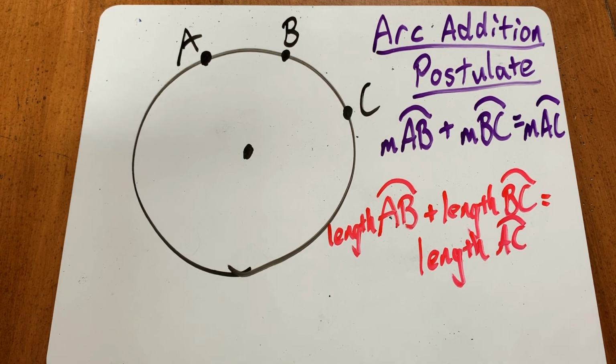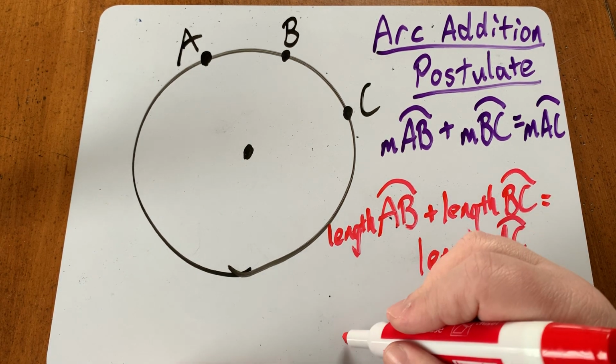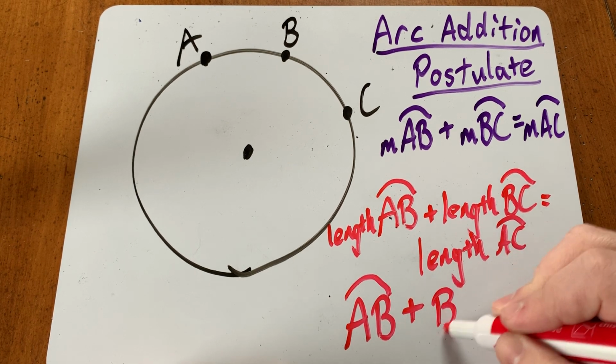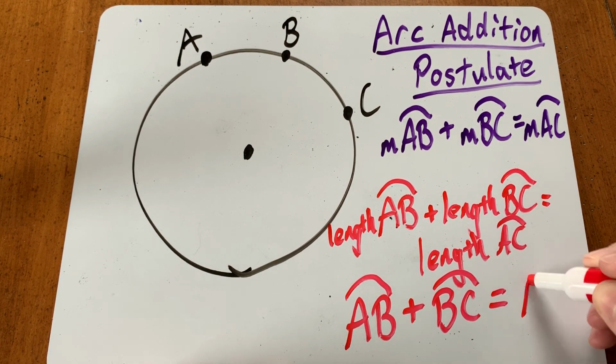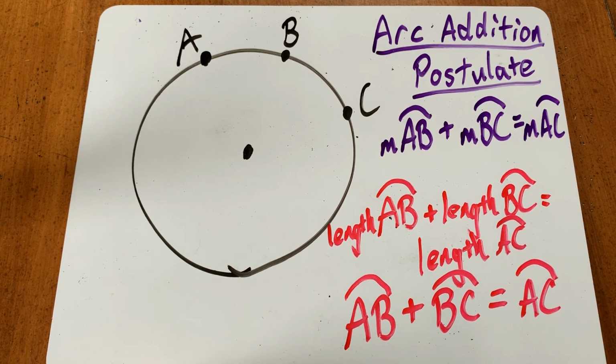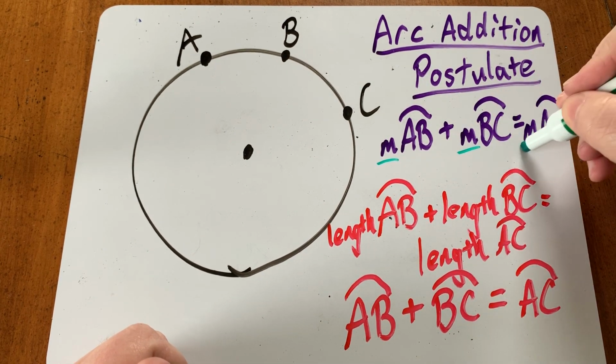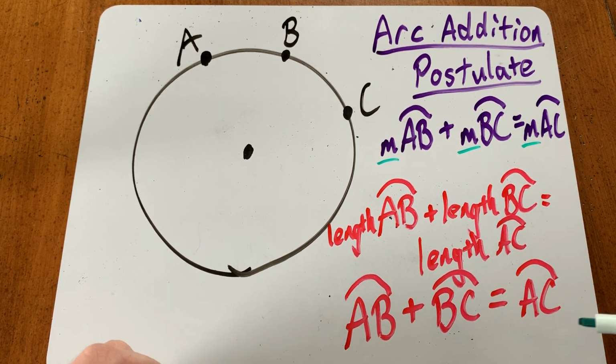For our intents and purposes, if we are talking about arc length, I'm going to accept just the name of the arcs. If we are talking about arc measure, you need the M. If we're talking about arc length, you can just give the name of the arc. There's not really a symbol for it like there is for arc measure.